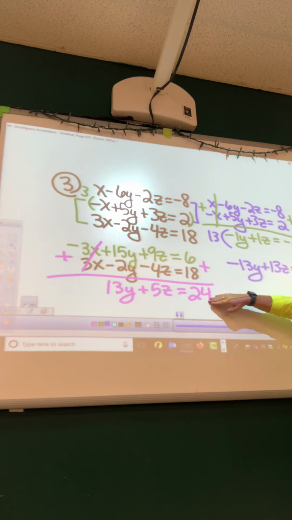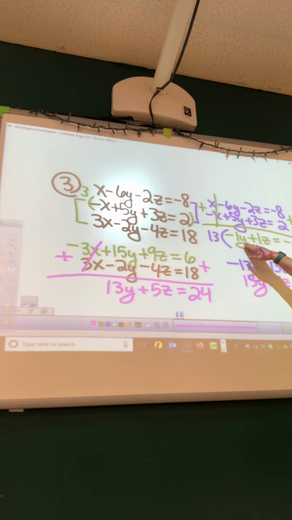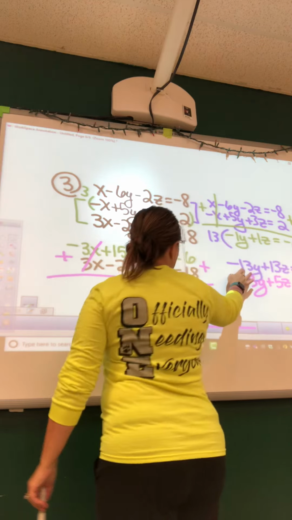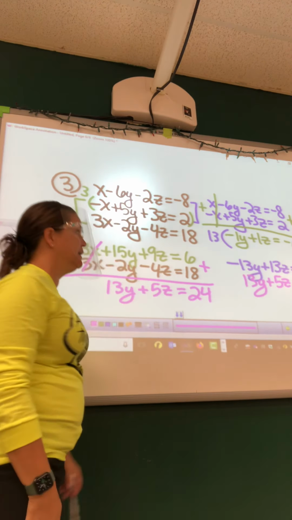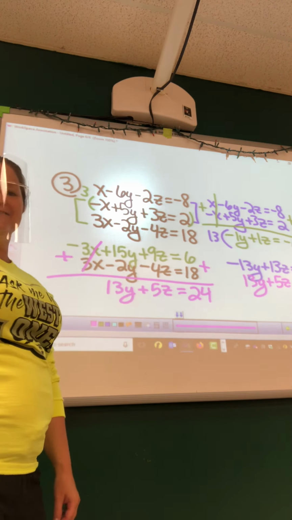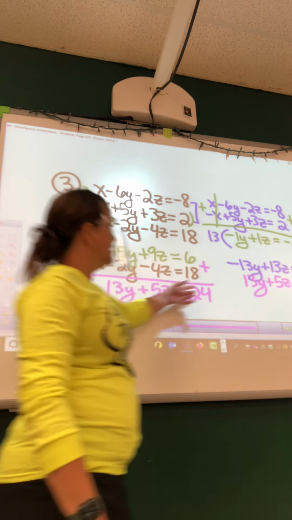I'm now going to just rewrite that equation, this one here, underneath, so we keep our work all nice and neat. So 13y stays the same. 5z equals 24. So right here, we multiplied to get the negative 13y, 13z, and negative 78. Here we're not changing it.